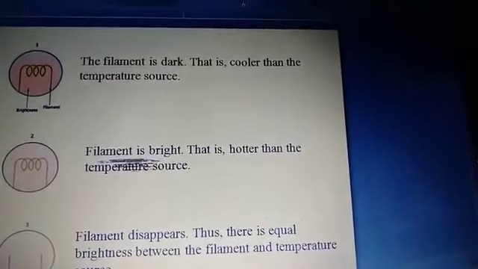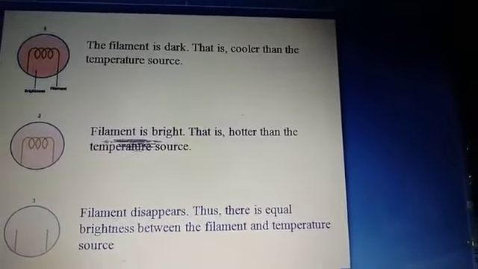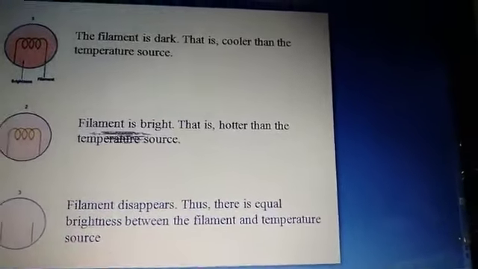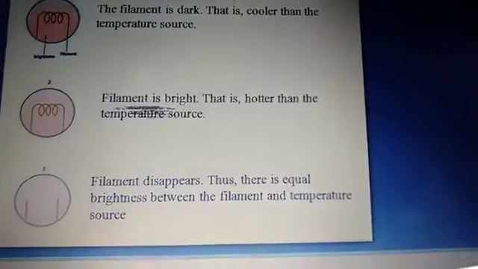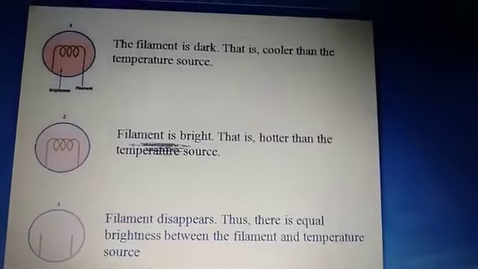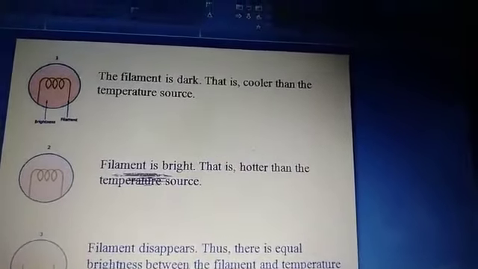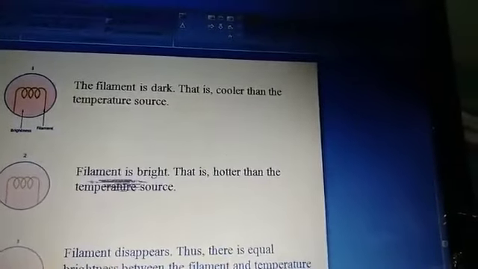Second, the filament is bright, meaning hotter than the temperature source. And third, the filament disappears from the observer, meaning the brightness of the filament and the temperature source are equal. In three ways we observe the filament in terms of brightness to measure the temperature directly.